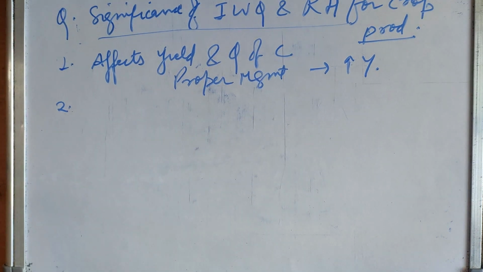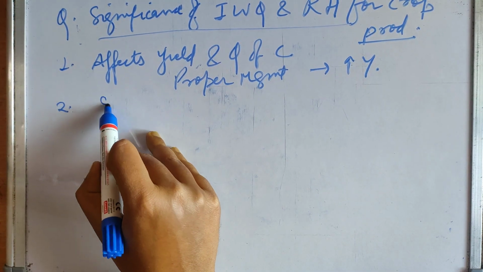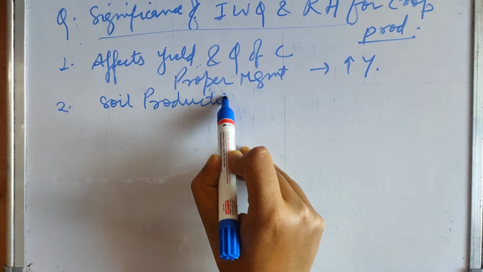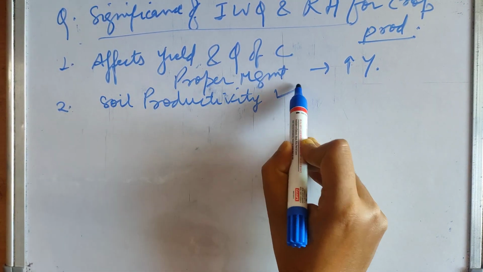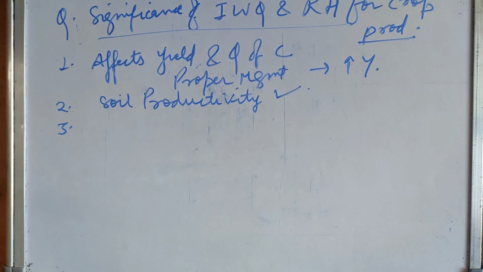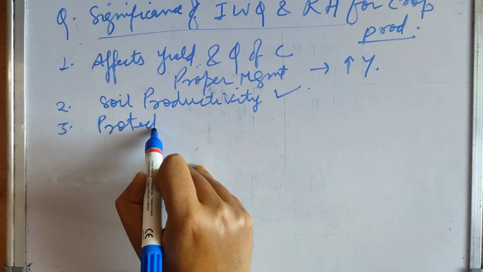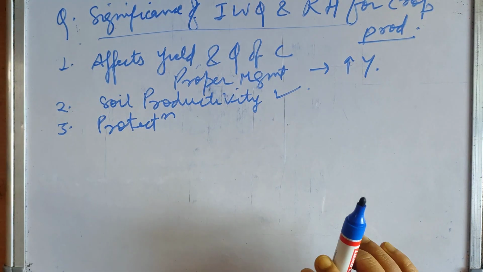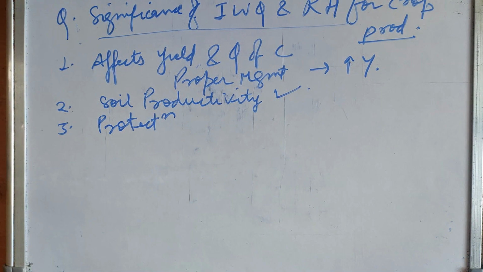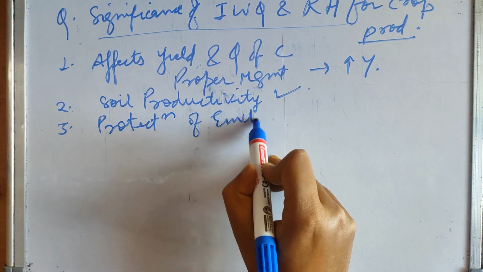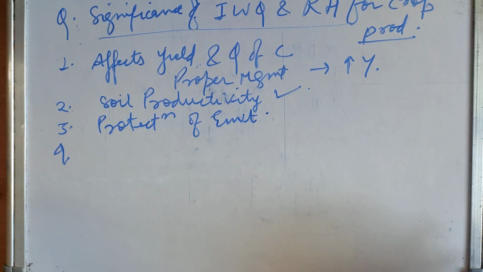Secondly, maintenance of soil productivity. Soil productivity is maintained. Thirdly, protection of environment. Bad irrigation water is harmful not only for our crops, but for vegetation, soil microorganisms, everything. So by managing this, we will protect our environment.